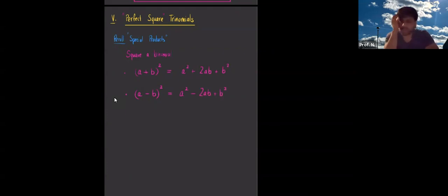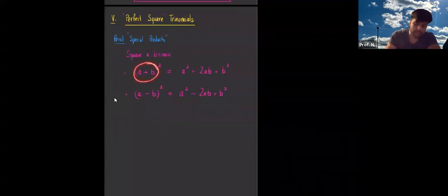And these formulas don't just come out of the sky. You can actually find what this expression would be when you expand (a minus b) squared and you multiply a minus b by itself. And when you do so, you see that the terms in the middle are not canceled out, as they are in the difference of perfect squares, but they actually have a middle term of negative 2ab.